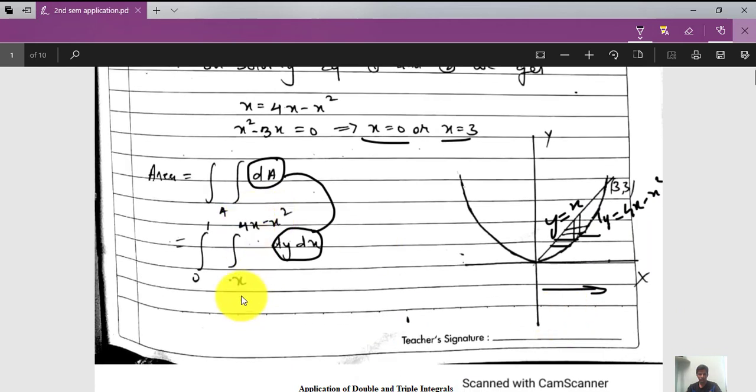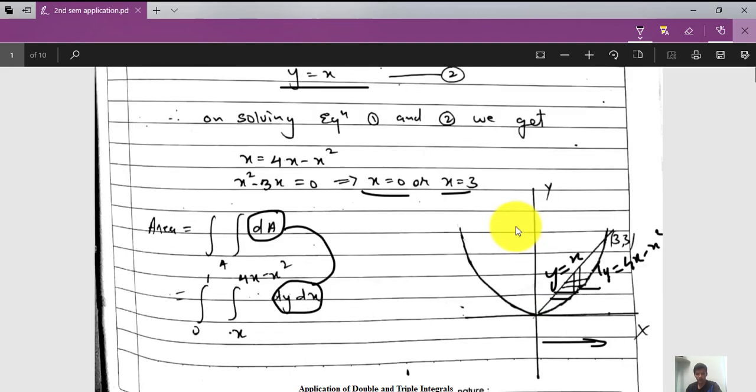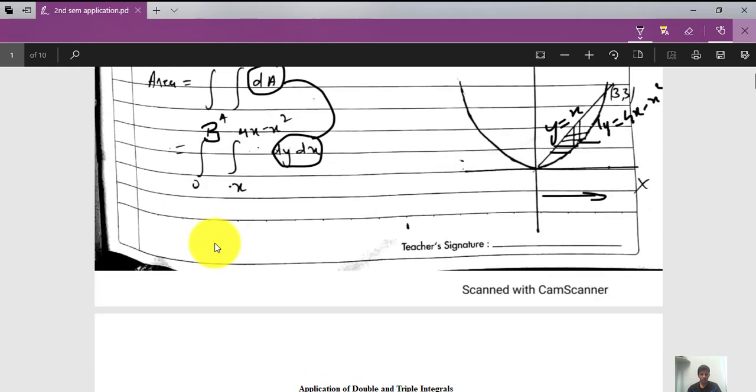So this equation is y is equal to 4x minus x square. And what is the value from here to here? It is from 0 to 1, fine. And then what is the range of y? So y is ranging from 0 to 3. Here I have to write 3, so this is not 1, it is 3. Okay, so it is 0 to 3.